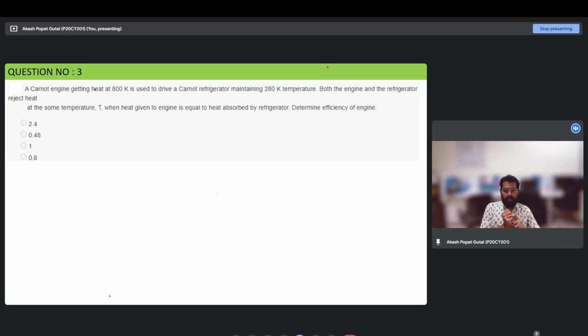So whatever heat the heat engine gets to do work is actually the same heat that the refrigerator gets from the 280 Kelvin temperature bath. This information is given. We need to find out the efficiency of the given engine.